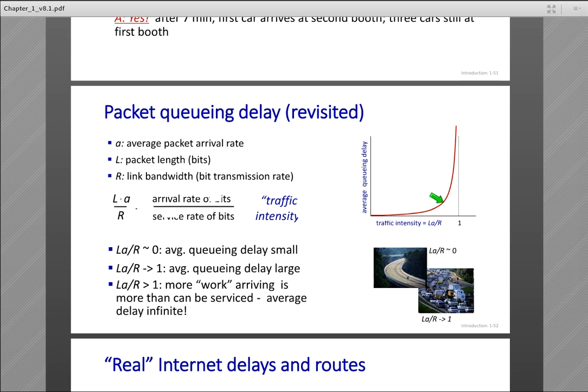But look at the right side of this chart. From some point, as soon as we increase the traffic intensity, the queuing delay will rise exponentially.